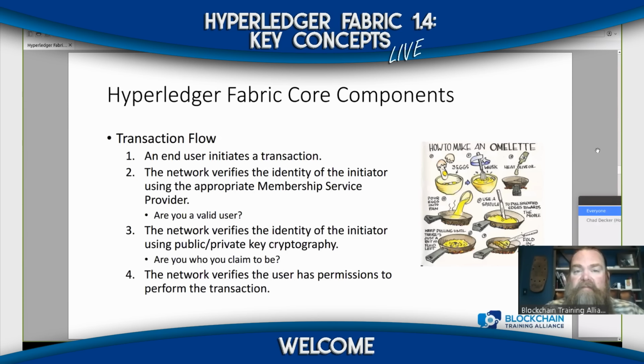And the very first thing that the Fabric network is going to do is reach out to the membership service provider for your organization, and attempt to see if the identity you're claiming is a valid one. So you may say, hey, this is Bob. I want to order some new electronic devices.